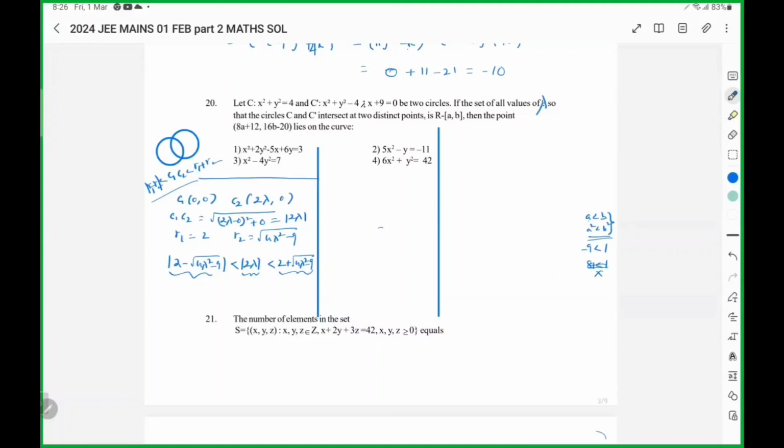A, B, C all are positive, so squaring is fine. 2 plus 4 lambda square minus 9 minus 4 into root of 4 lambda square minus 9, 4 lambda square is less than 4 plus 2 plus 4 under root 4 lambda square minus 9.